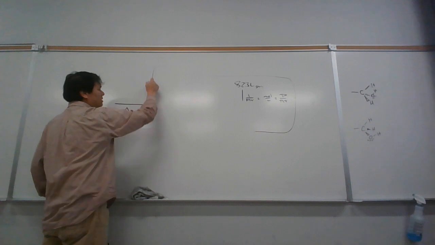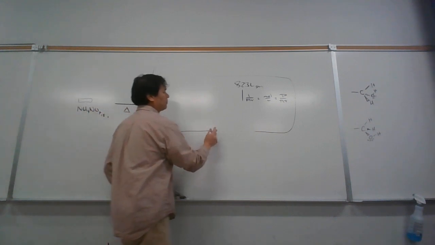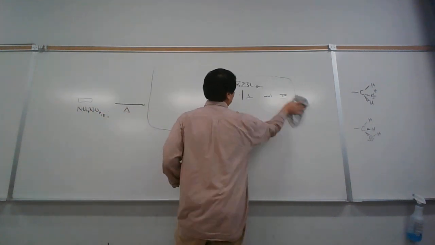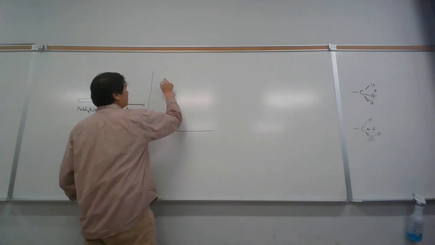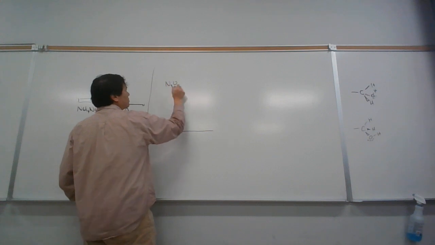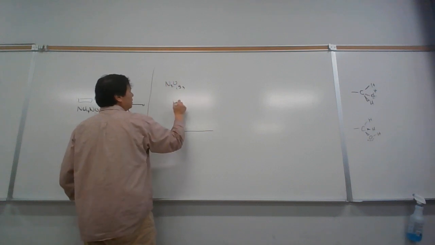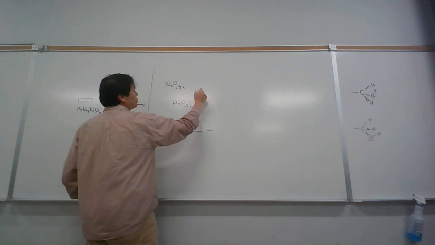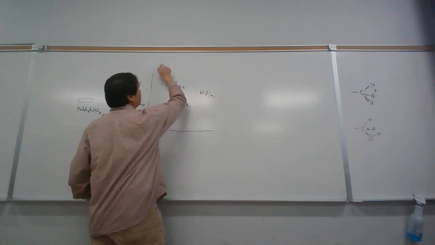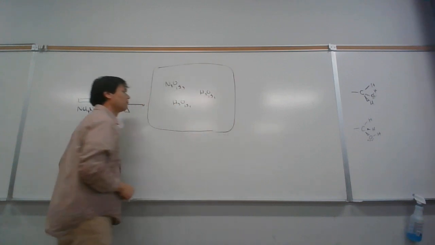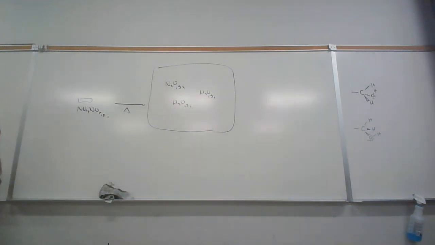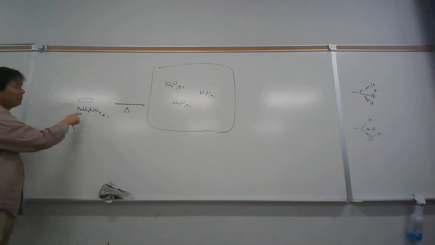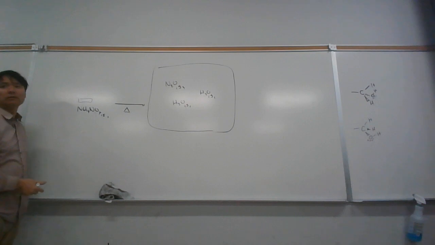But one thing it's going to decompose into could be nitrous oxide, amongst others. In this case, we're only going to form nitrous oxide. So this is going to decompose into nitrous oxide gas and H2O gas. And because of the stoichiometry of this, we're going to have one N2O and two H2Os.